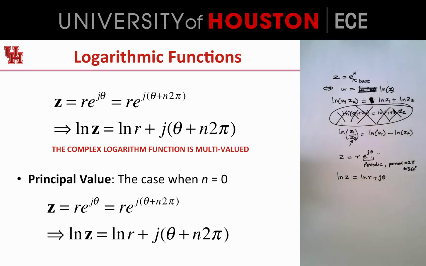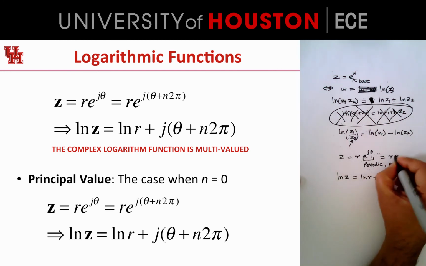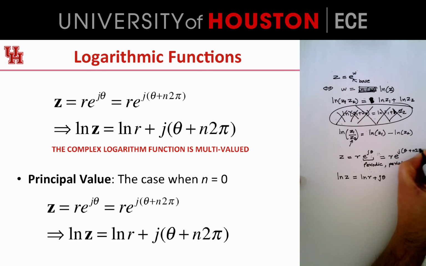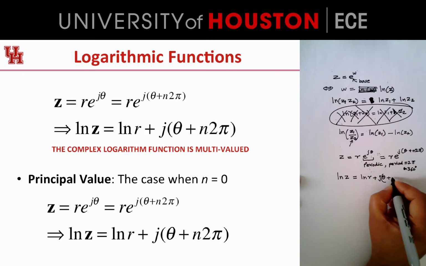But one of the things that we can keep in mind is that this original guy is the same as e to the j of theta plus any multiple of 2 pi. Any integer multiple of 2 pi. Now, if we have that, then basically this becomes theta plus m 2 pi.